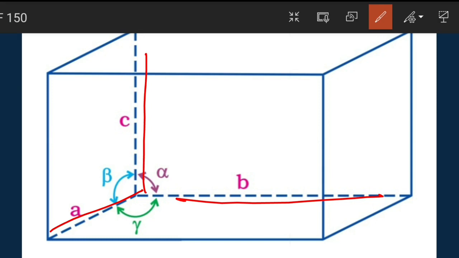These three are the edges of this unit cell. These edges may or may not be mutually perpendicular. For some structures these edges will be mutually perpendicular, and for some they will not be. So just remember that A, B and C are the edges. You can see these three lines, they are the edges.